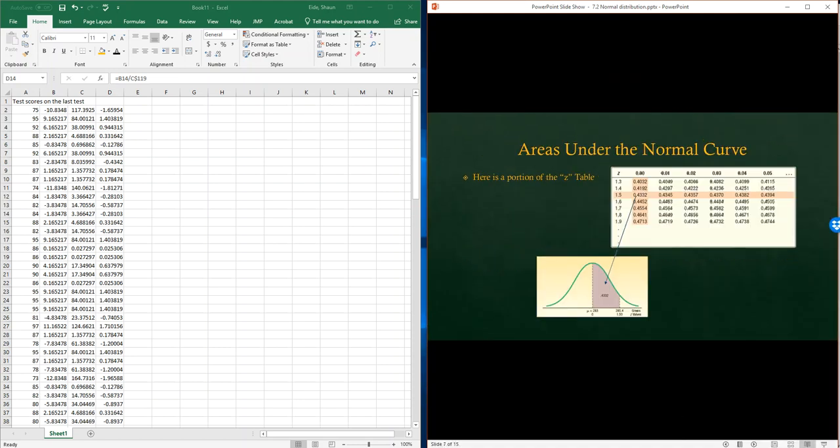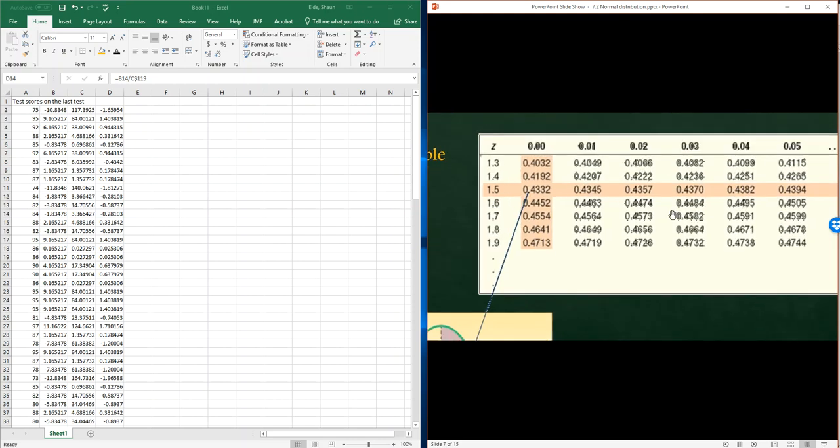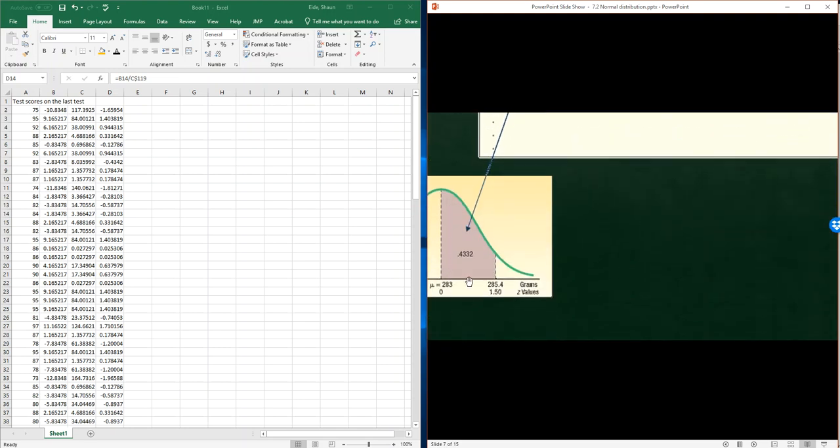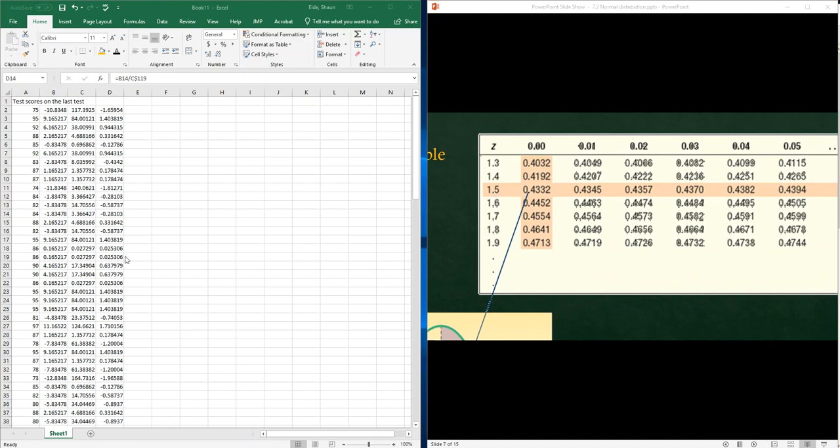So right here is a slightly different one. This one that we see here deals with the area to the right of the mean, and so you see right here, if we have a 1.403, this is the probability of an individual being between the mean and 1.403.